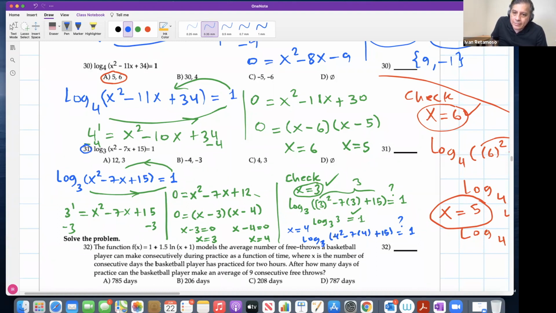So this one also checks. Log base 3 of 3 equals 1 checks. So both check, so therefore we have to take both, 3 and 4.